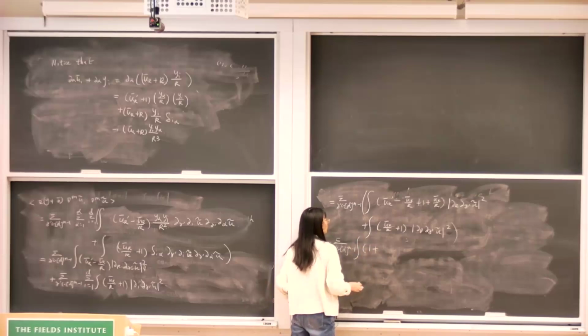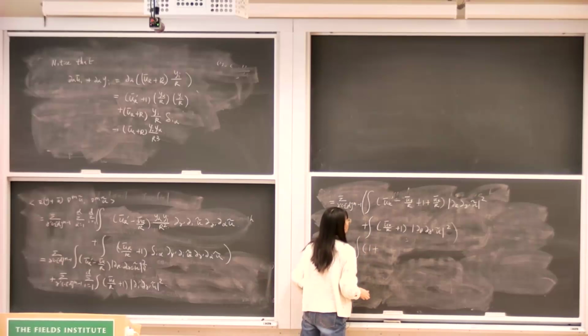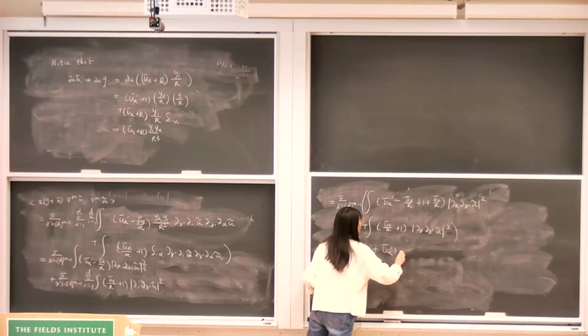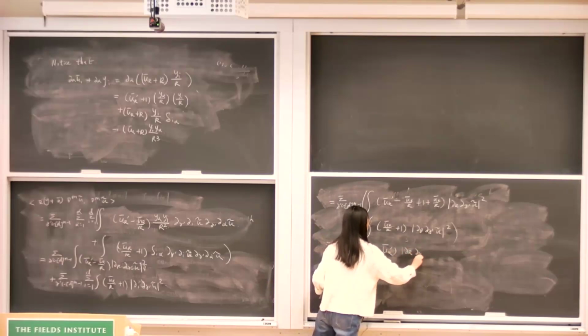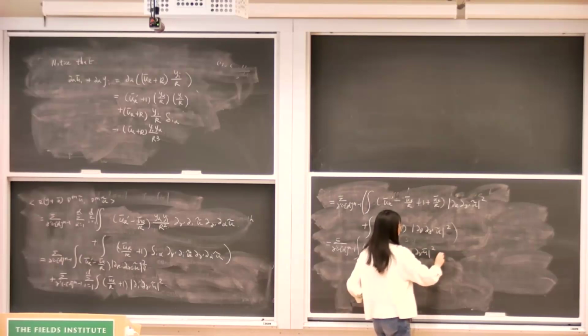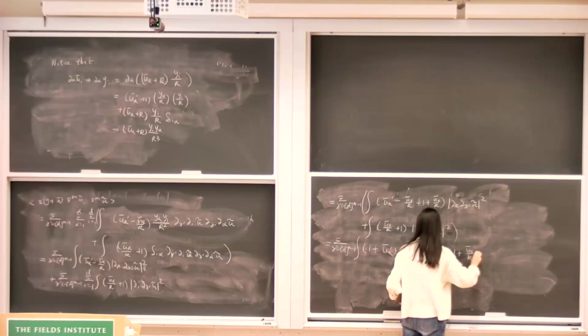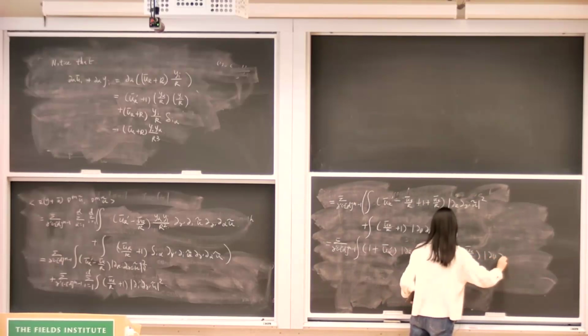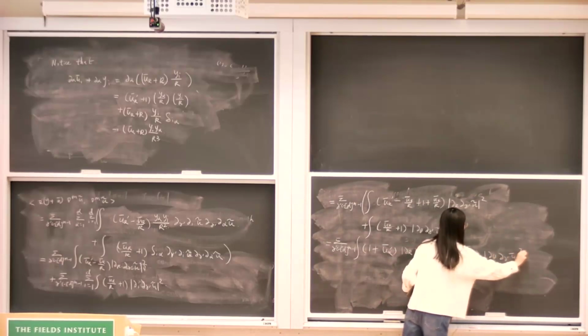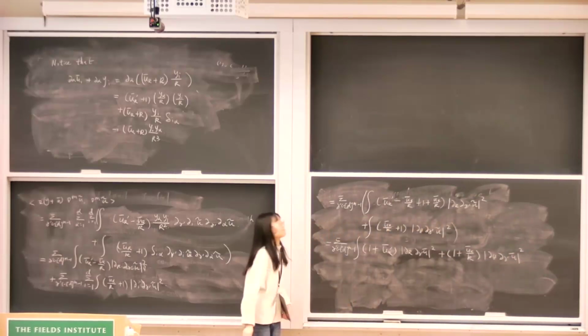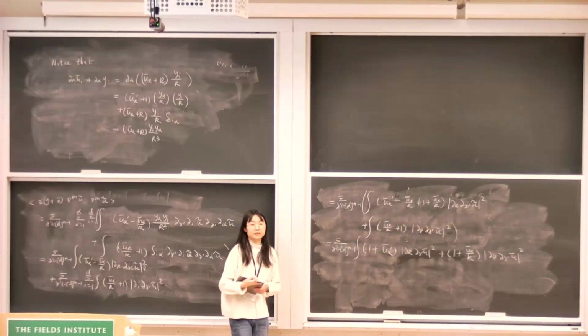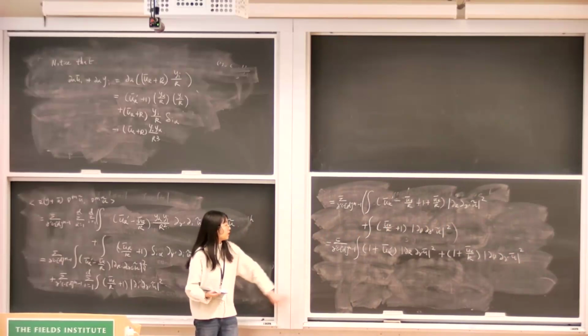So there's a slight difference between the angle and the radial. The difference is the first one is this coefficient, and the second one is this coefficient. So this is coming from the first term.